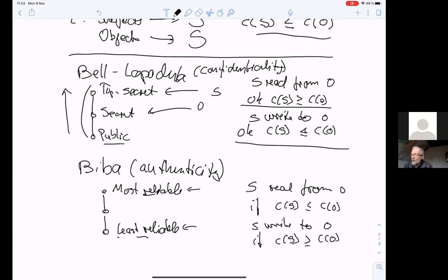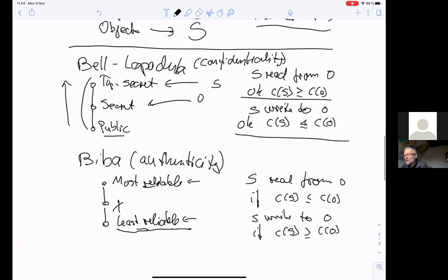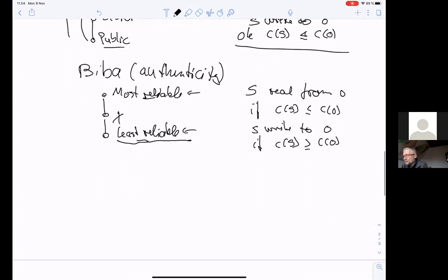But if I'm on the least reliable level here, I'm not allowed to write information upwards in the system, because that would mean that maybe I contaminate the more reliable part of the system with less reliable data. So there are these two ways of using a lattice, a very simple lattice, but of course the structure of such lattices can be in principle infinitely complicated.